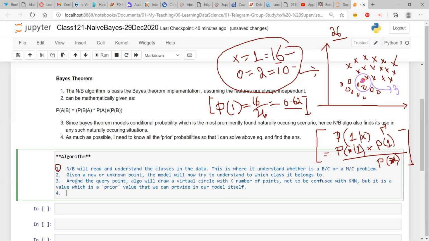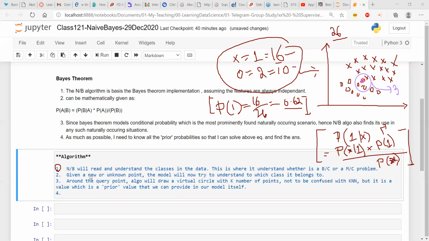After it has drawn that virtual circle, inside that circle it is going to do some calculations to find the P of x.